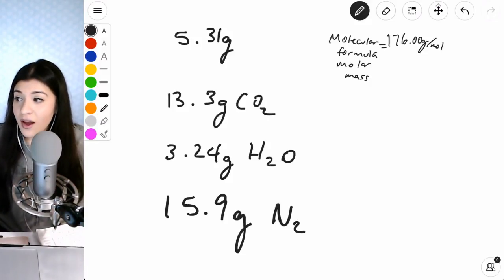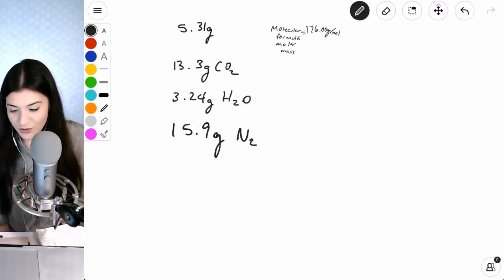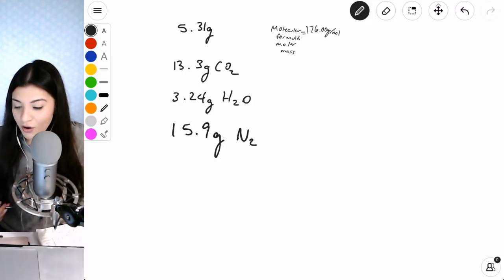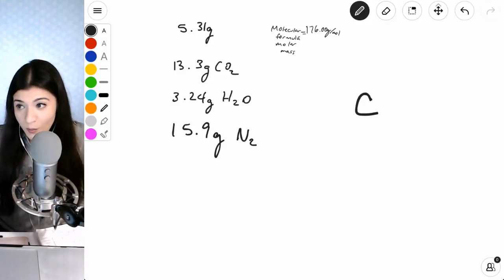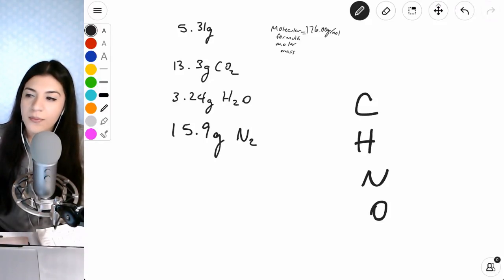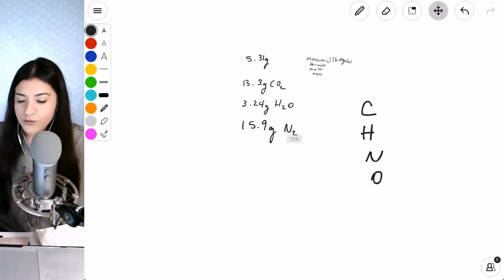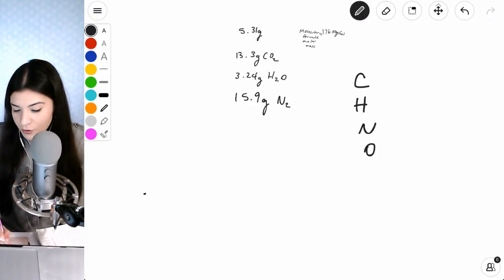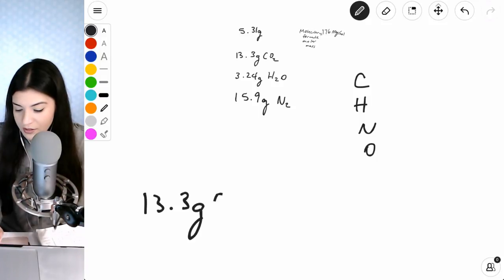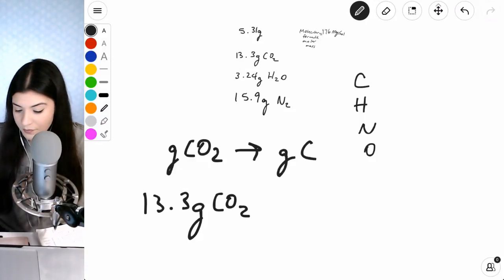So let's start off with trying to figure out how many grams of carbon we have, how many grams of hydrogen, nitrogen, and oxygen, because that's what they're telling us is part of our chemical formula. What we're going to do is a little bit of stoichiometry. Let's start off with the 13.3 grams of CO2, and we're going to go from grams of CO2 and make our way to grams of carbon.